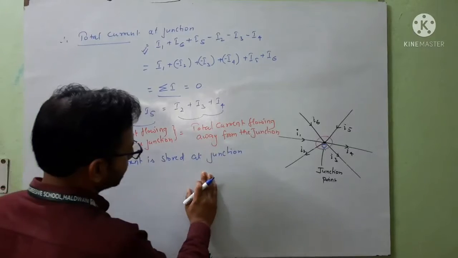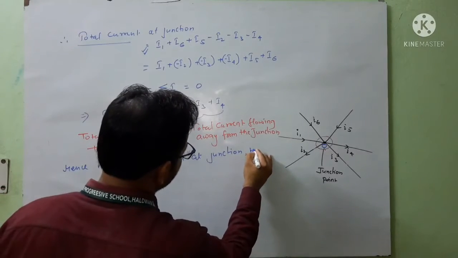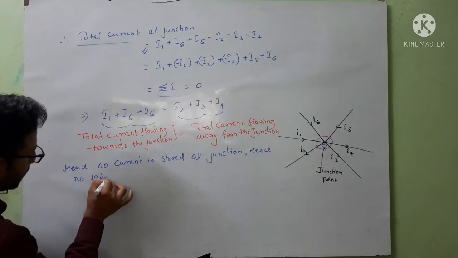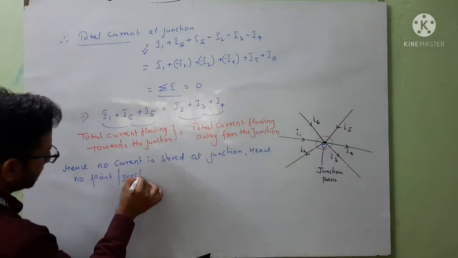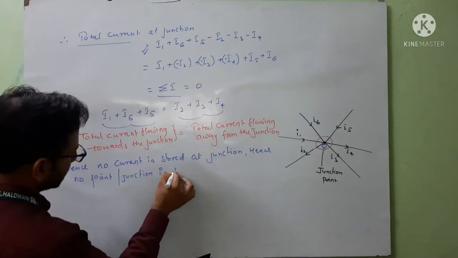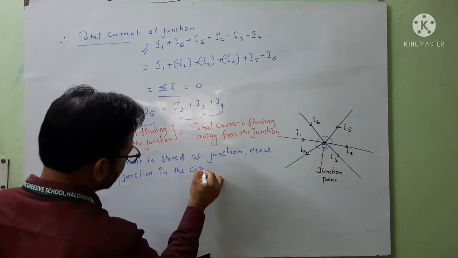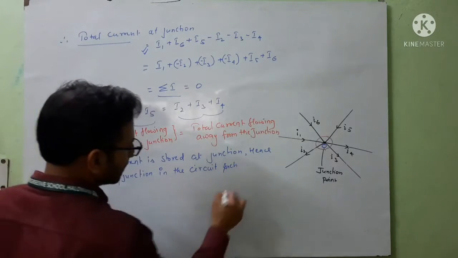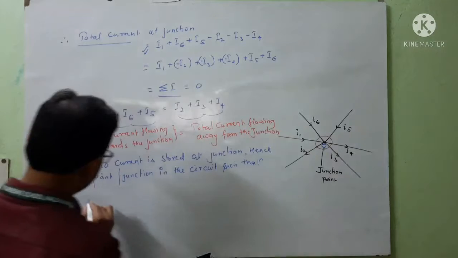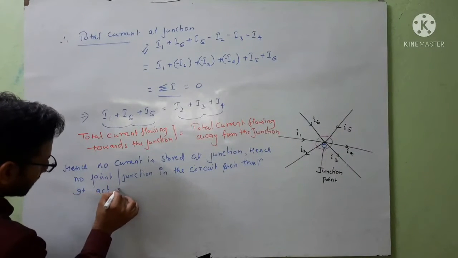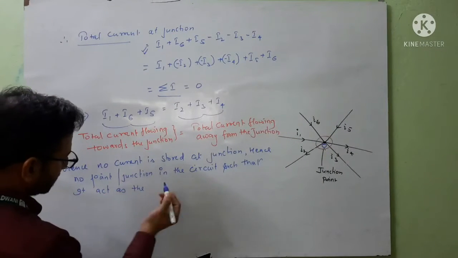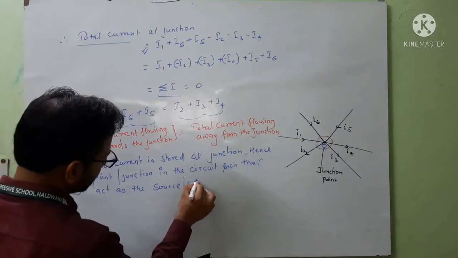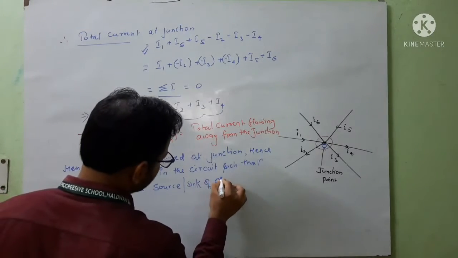There is no current stored at a junction, hence no point or junction in the circuit such that it acts as a source or sink of charge.